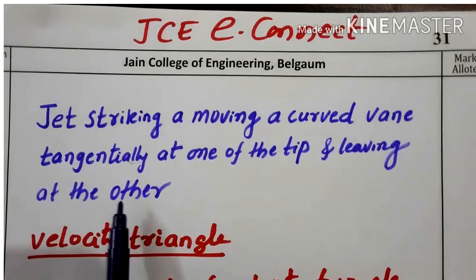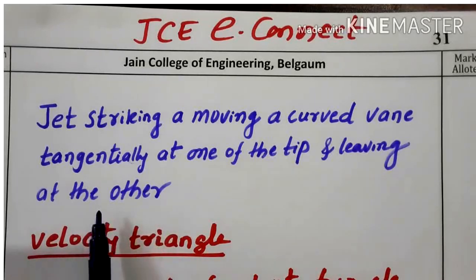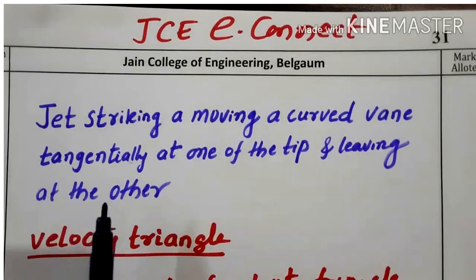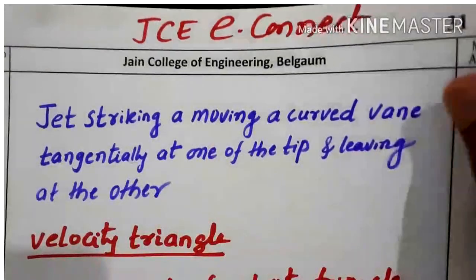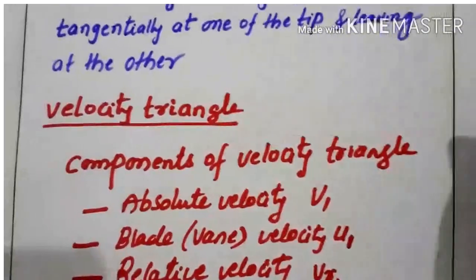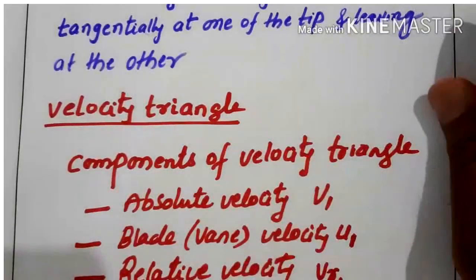Here the vane is unsymmetrical, and the jet is striking tangentially at one of the tips. This is the case I am considering in this lecture, and it is to be solved using the velocity triangle concept.